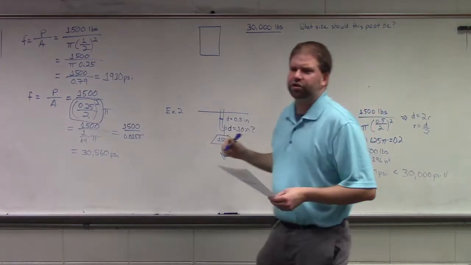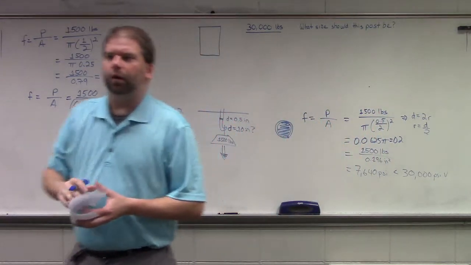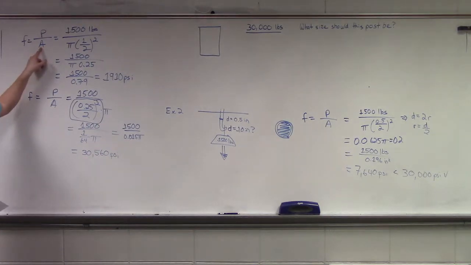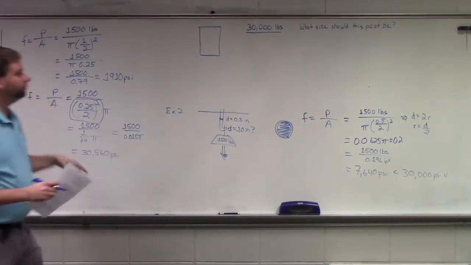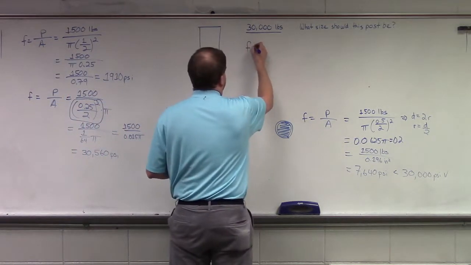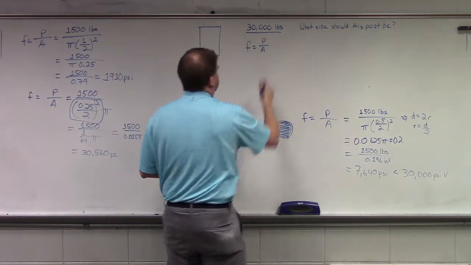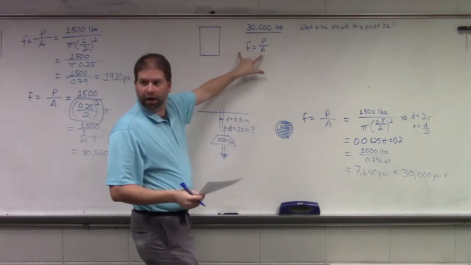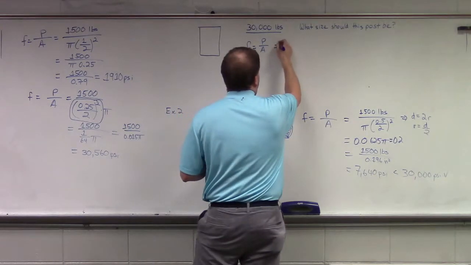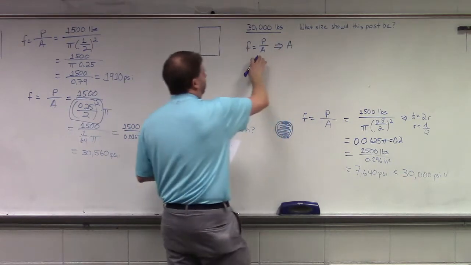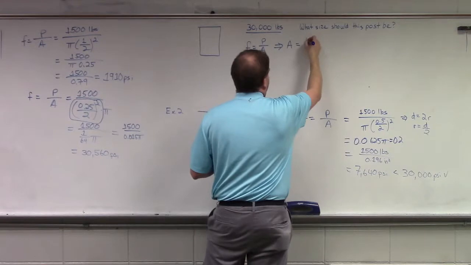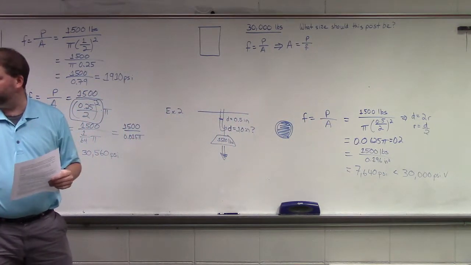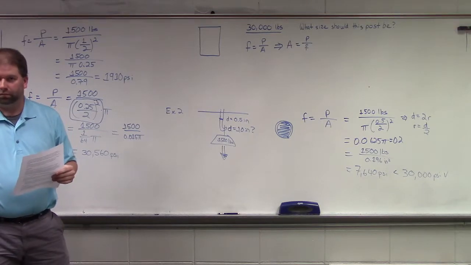Okay, so what are we trying to determine? Area. We want to know the cross-sectional area of this post, okay? So we'll start with F equals P over A. If we divide both sides by F and multiply both sides by A, or sorry, multiply both sides by A, this will translate into A equals P over F. Everyone agree? Okay?